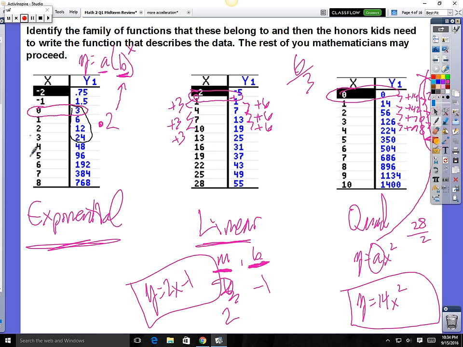It's what you start with. So your function would be y equals 3 times 2 to the x. Or the x could go right with the 2. It doesn't really matter. You don't even really need parentheses, because this exponent only touches the 2. So it only affects the 2. It has nothing to do with the 3.